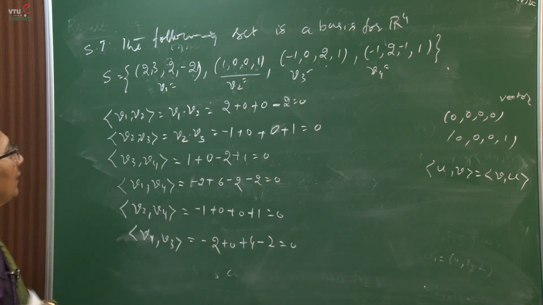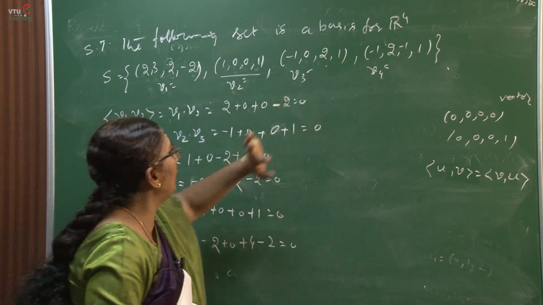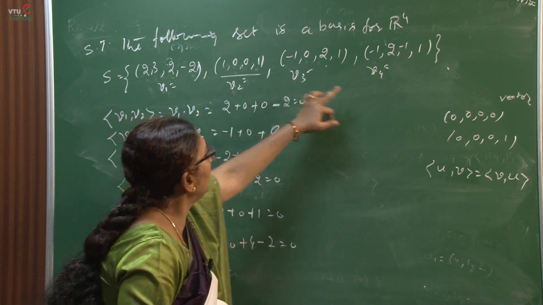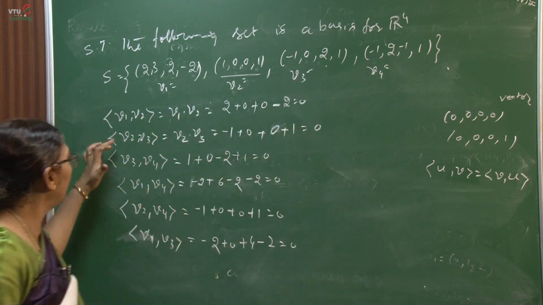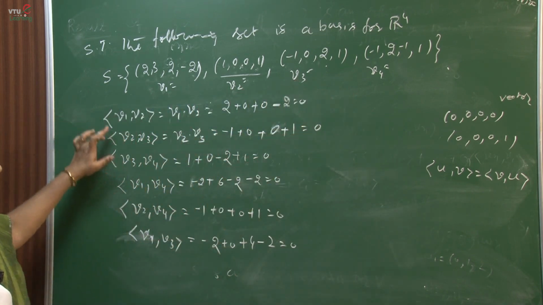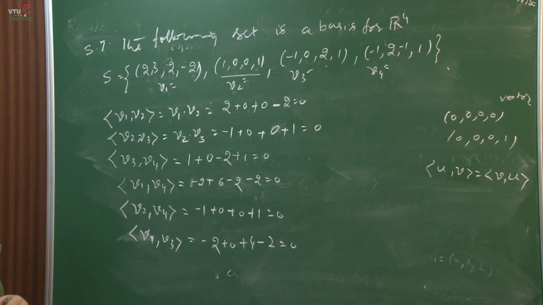We have taken all the combinations, V1 with V2, V3, V4, and V2 with V3, V4, and also V3 with V4. In total we get 6 combinations.